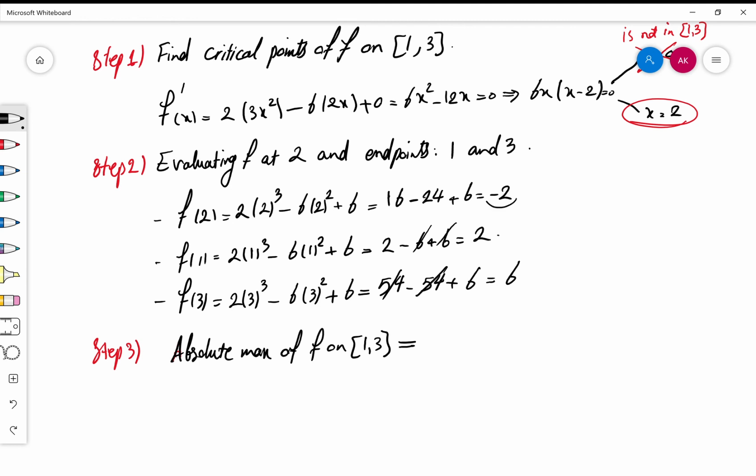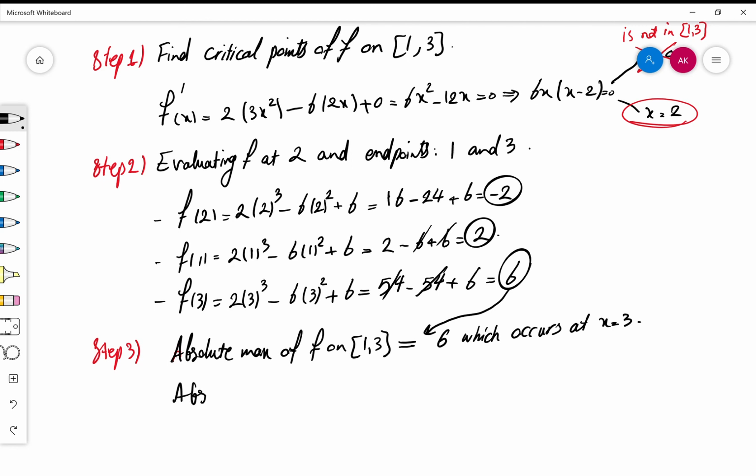So it's negative 2, 2, and 6. The max is 6, which occurred at x equal to 3.